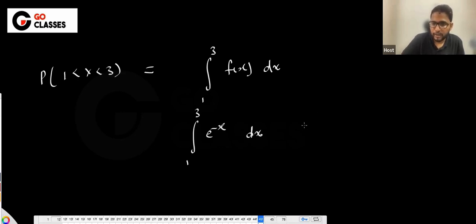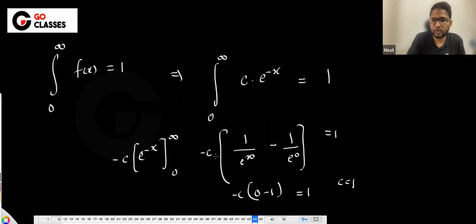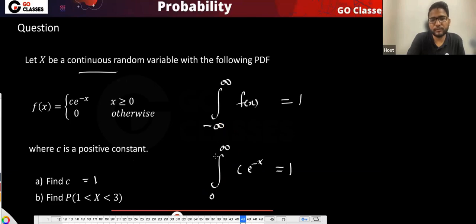It is minus e power minus x from 1 to 3, so minus of e power minus 3, and minus and minus will be plus, e power minus 1. This will be your probability. Let's not calculate the final answer because it's not required, but you should be convinced with the process of how to calculate probabilities when the PDF is given.